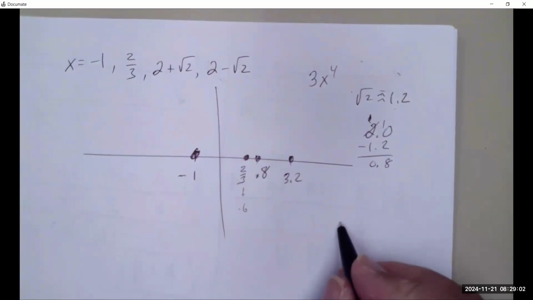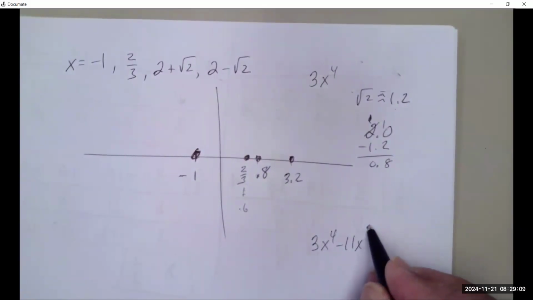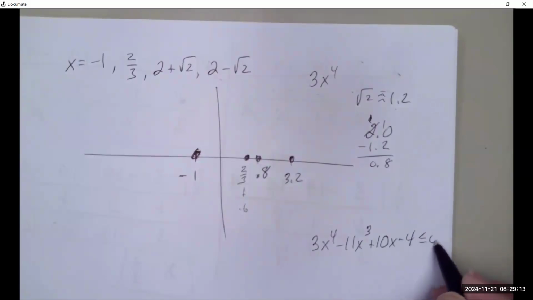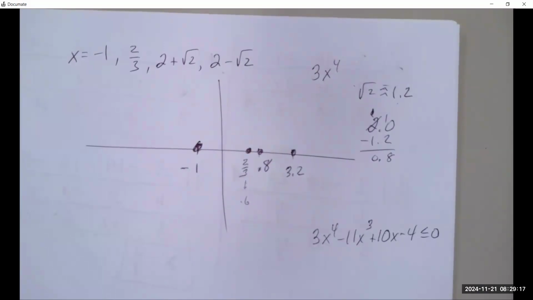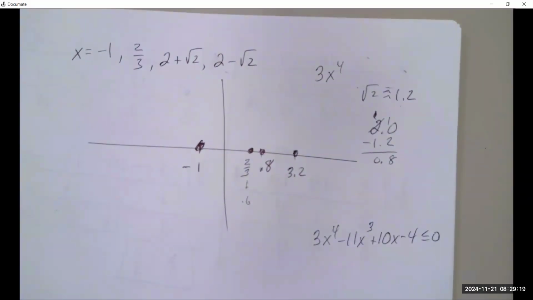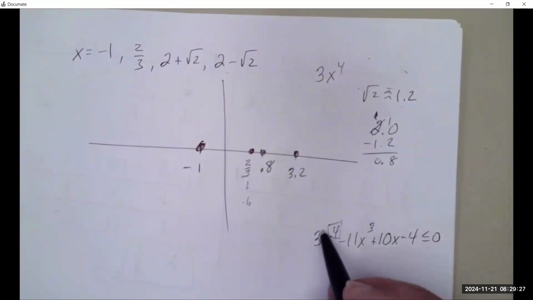Remember, our equation that we're looking for is this, 3x to the 4th. No, it's that one. We're only solving for the one that has equal to 0. It's a 4th order equation, so it tells us what about end behavior? Same direction, up or down?